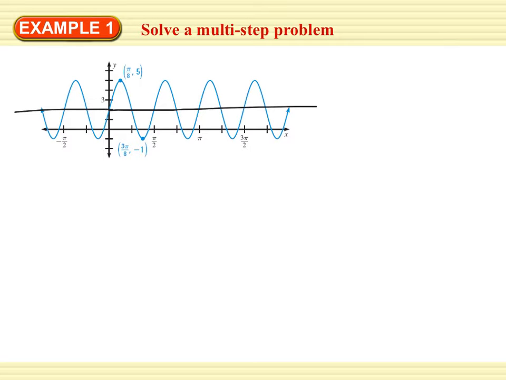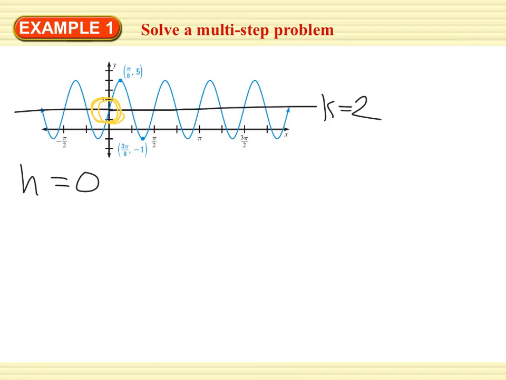I just drew a line at k equals 2 because that's our vertical shift. And it looks like our sinusoidal graph crosses our k line at the y-axis. So we aren't going to shift any left or right. So I'm going to say h equals 0.